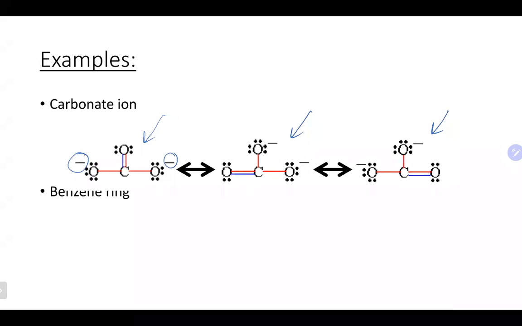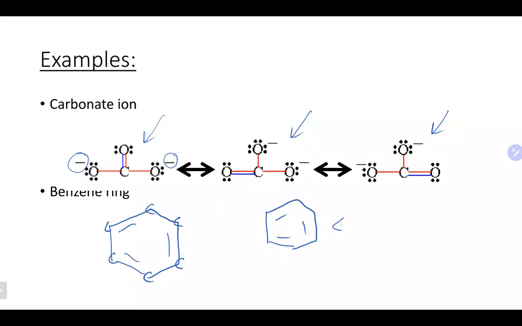I personally am probably not going to ask you to draw too many resonance structures, but that is what it means. A benzene ring is actually an organic molecule. It's basically 6 carbons in a ring structure. Each of these things are carbons at the end. And it basically has 3 double bonds within the ring. And you can sometimes draw benzene that looks like this, or the double bonds can be moved around.